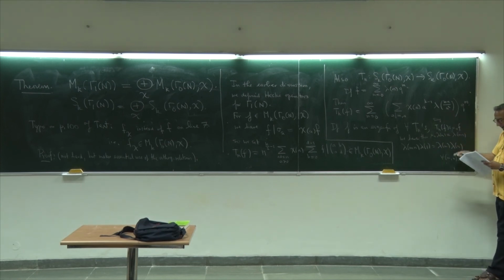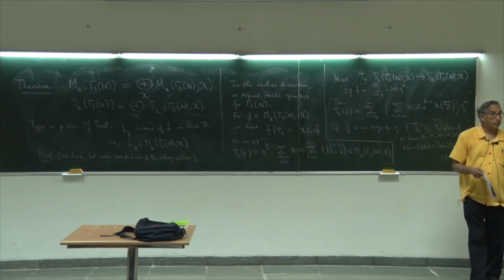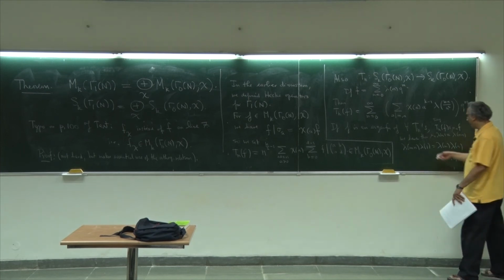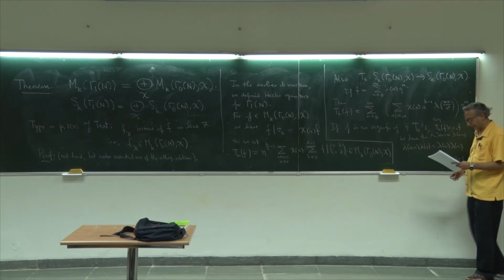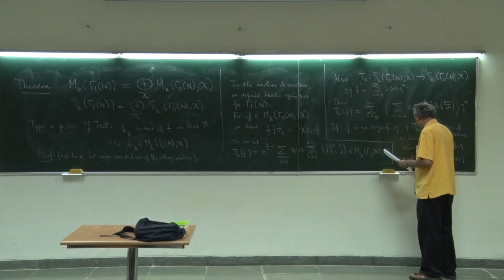Comparing that, you see that lambda 1 cannot be 0. If it was 0, f is identically 0. So in the case f is not identically 0, lambda 1 is not 0, and we can divide and normalize so that lambda 1 equals 1.